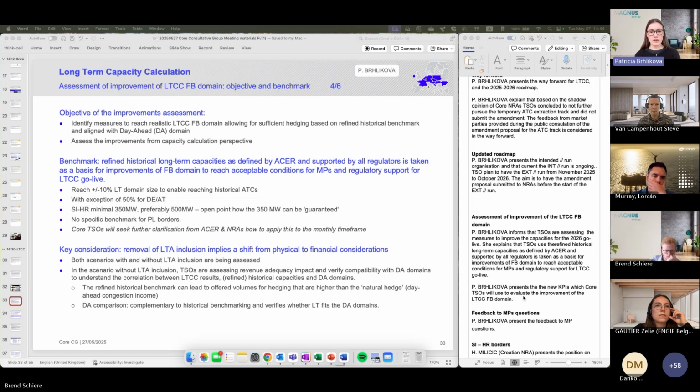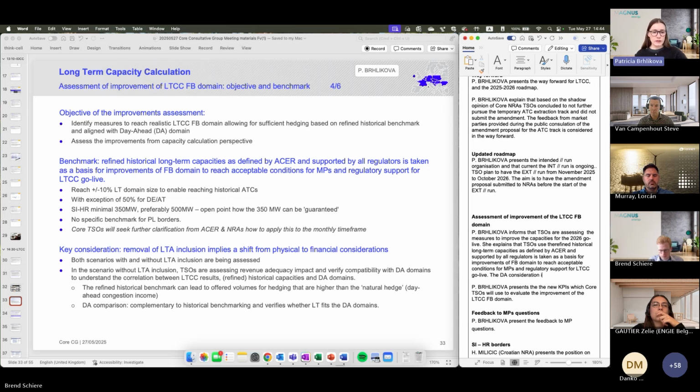I think it is also important to say that TSOs are fully aware that even if the refined historical benchmark is considered, this can lead to higher volumes, and offered capacities would actually be higher than the natural hedge. And therefore, we are perceiving this day-ahead consideration as one of the key aspects of this KPI analysis we're performing at the moment.